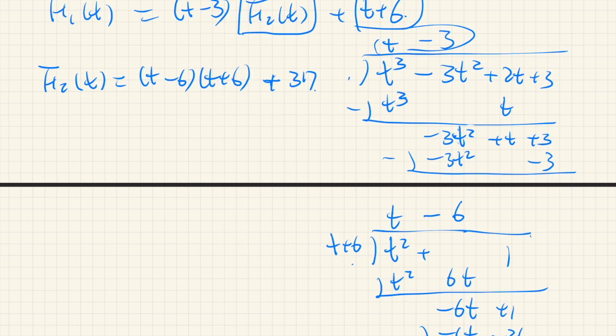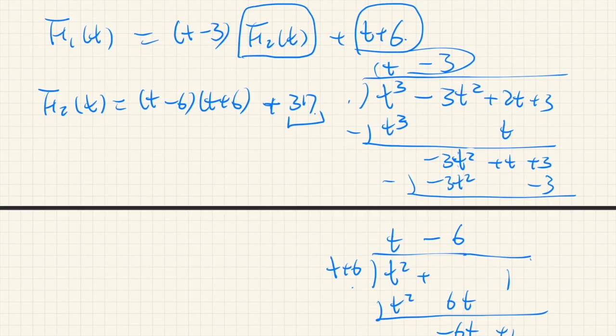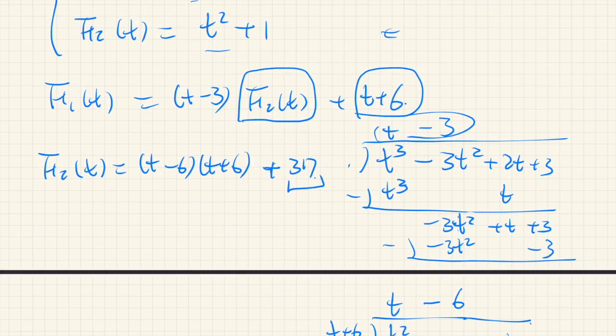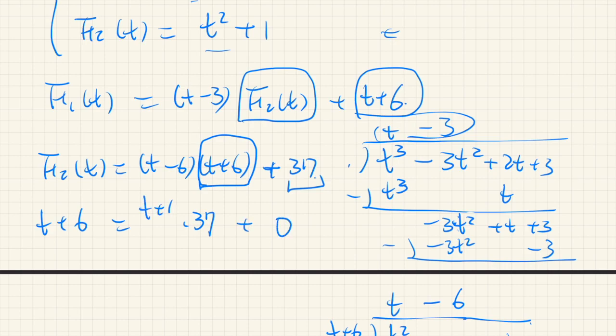Now, this remainder is a constant. It doesn't include t. So the next one, if we divide this t plus 6 by 37, the remainder is 0, and this quotient is just (t plus 6) over 37.